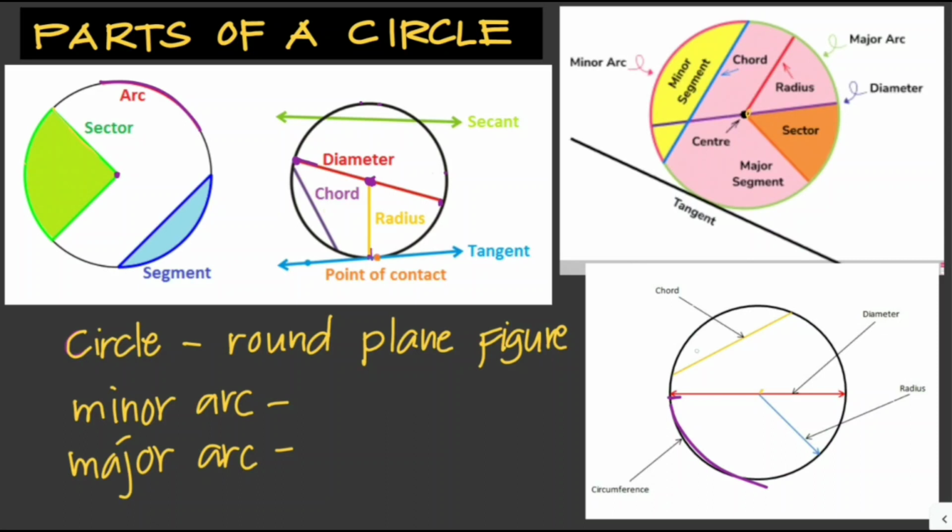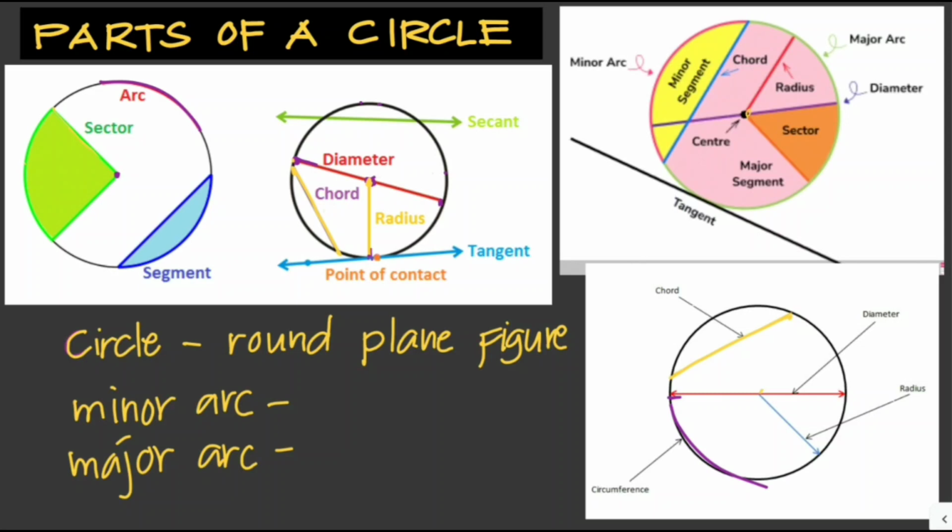And then we have the chord, this one here, or this one here. The chord of a circle is a line segment going from one point of the circumference to another, but does not go through the center, because the one that passes the center is the diameter.